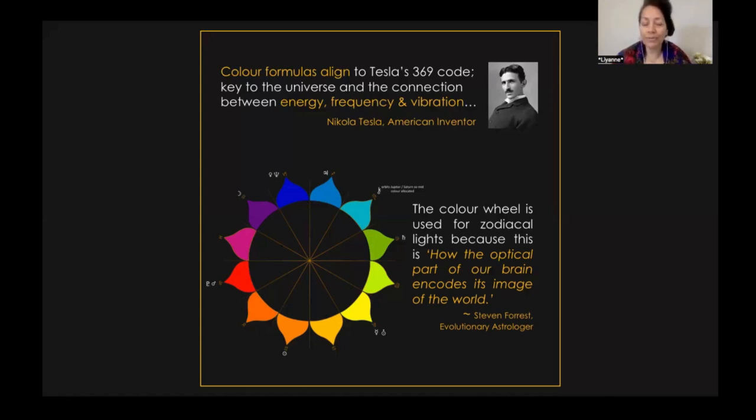I also have a method that I follow of how transparent the waves of light are, and when I use a planetary color and when I use a zodiacal color.